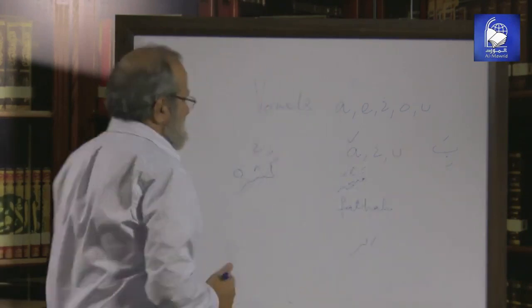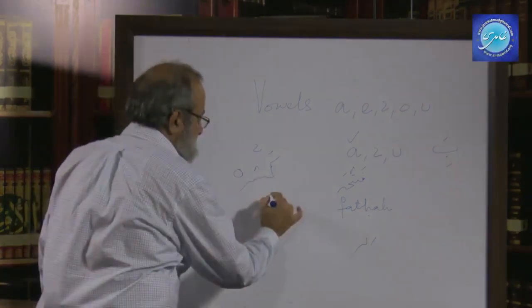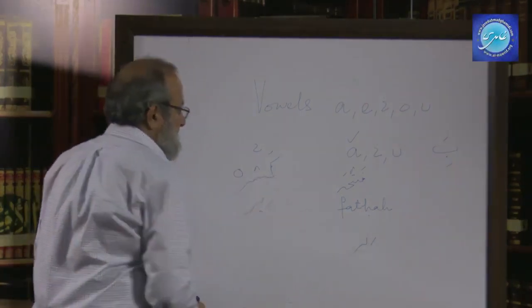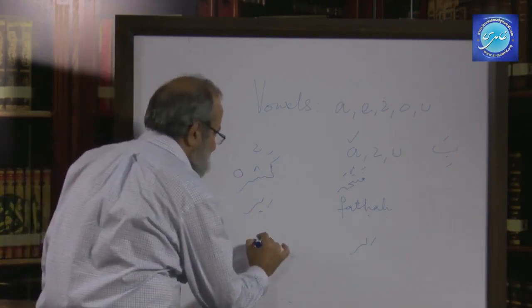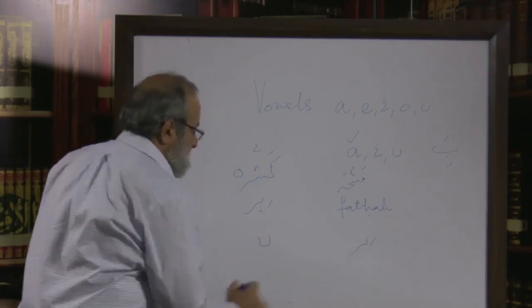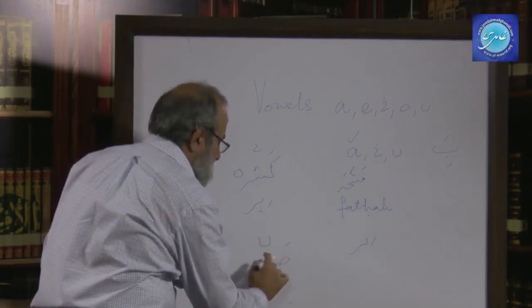A third vowel is, well, in Urdu it's zair. The third vowel is the equivalent of U, which is dhamma.